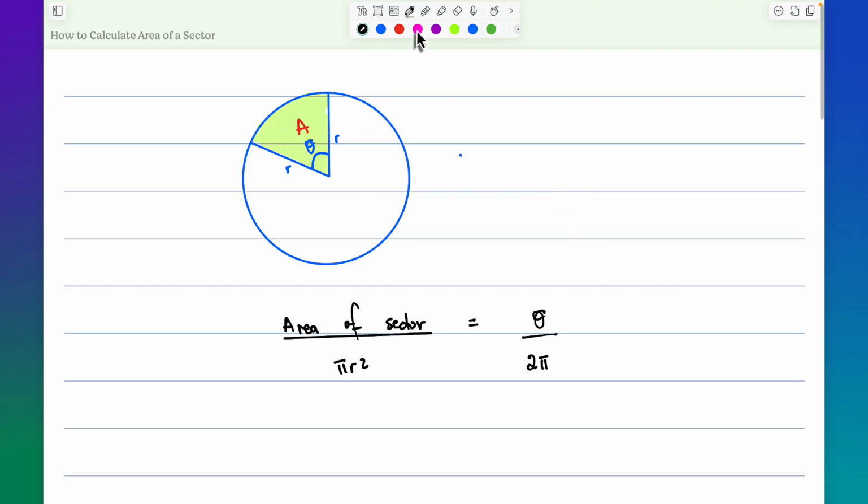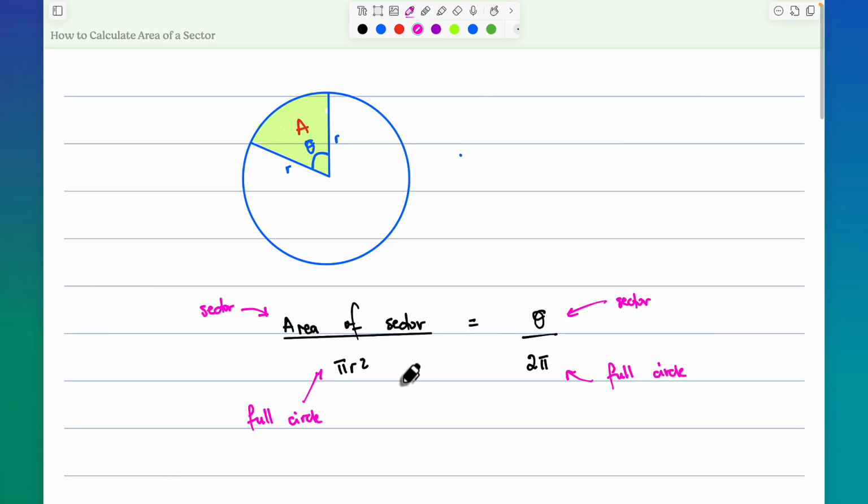The top one gives us the area of the sector, the bottom gives the area of the full circle, and this side is the ratio of the angles.